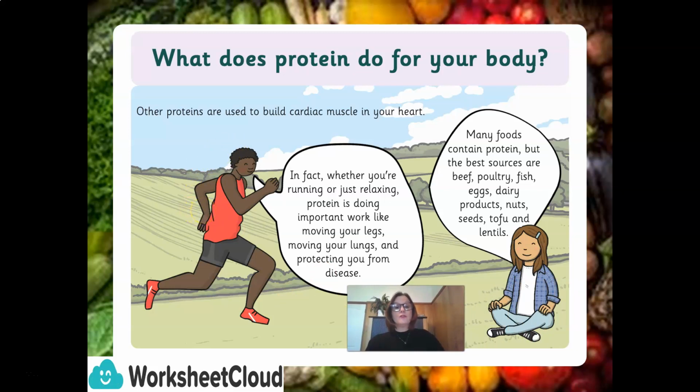In fact, whether you're running or just relaxing, protein is doing important work like moving your legs, moving your lungs, and protecting you from disease. Many foods contain protein, but the best sources are beef, poultry, fish, eggs, dairy products like yogurt, nuts, seeds, tofu, and lentils.